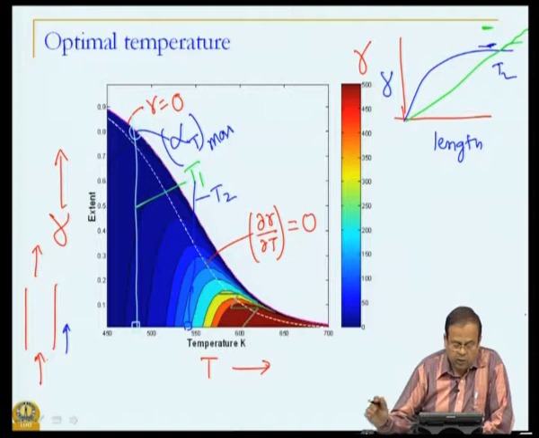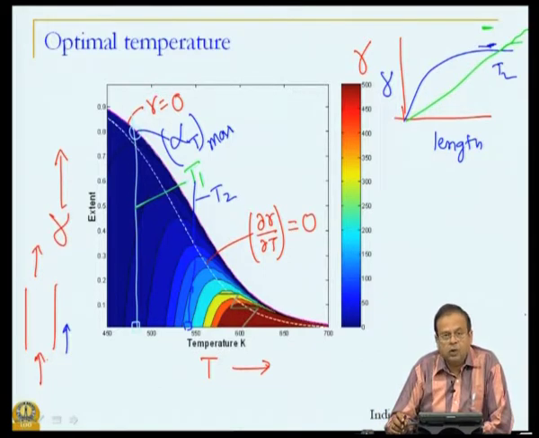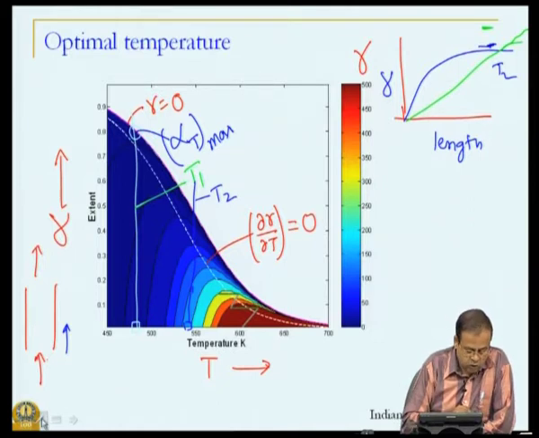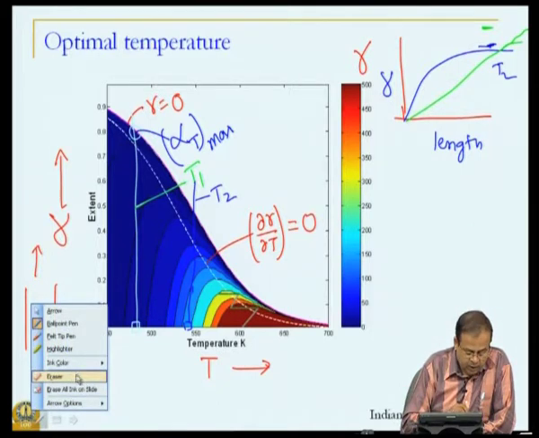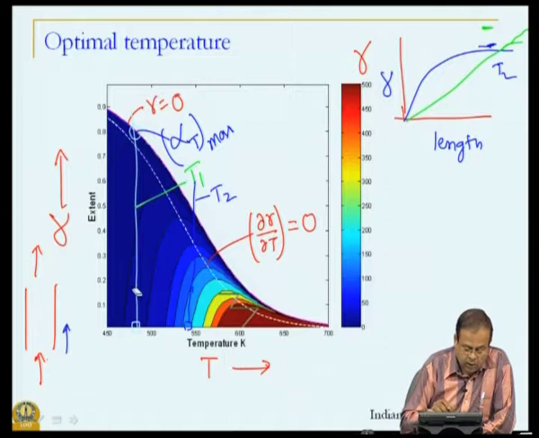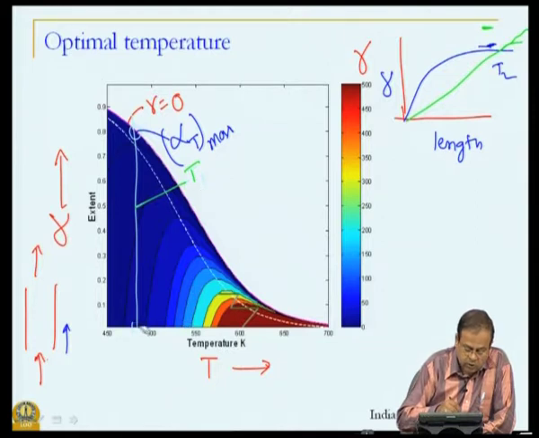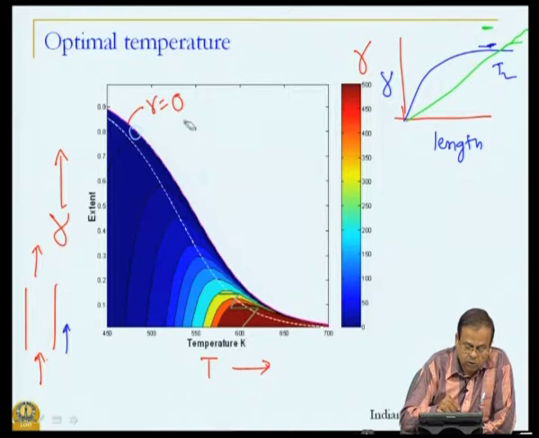Let us try to look at what will happen if my reactor is operated in an adiabatic manner. And for an adiabatic reactor, let us see how this reactor performance will look.